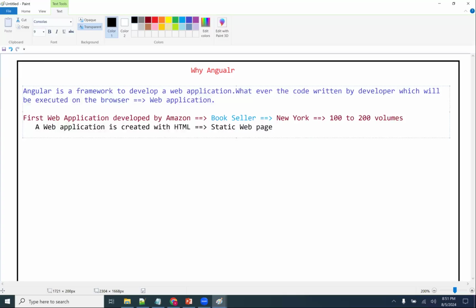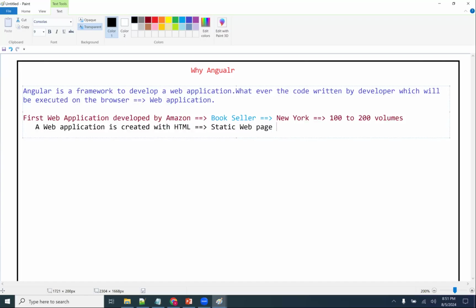A static web page they used to create. Something like they are collecting the details of the book. What is the book name you need? Who is the author? What kind of book is it? What is your address? Where do you want this book to be delivered? He created a web application where, for example, I am Vijay.